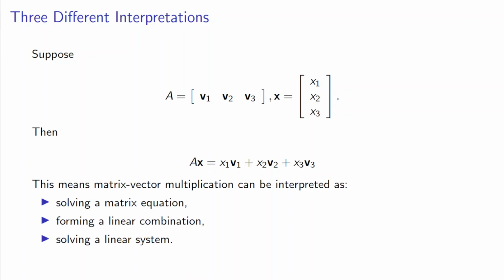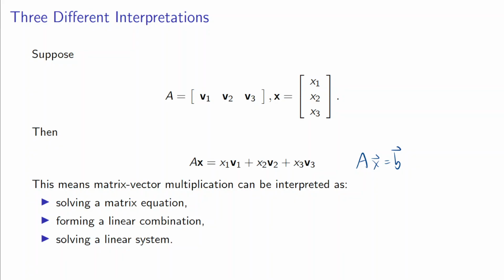And as we saw in the previous example, the matrix vector multiplication can be interpreted as solving a matrix equation, considering A times X equals B. So AX equals B. That's that matrix equation interpretation.